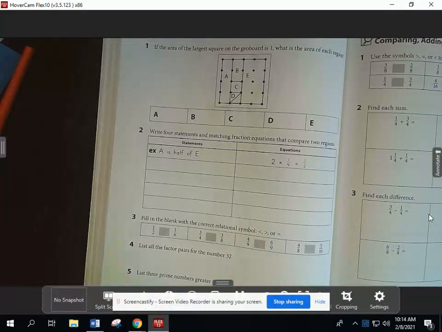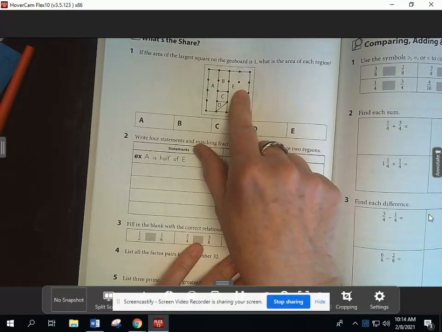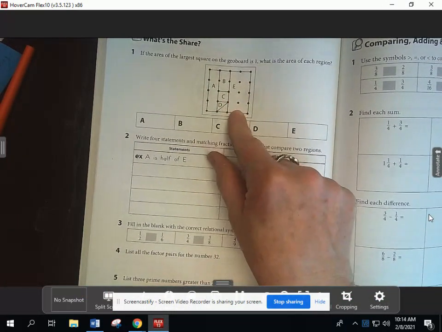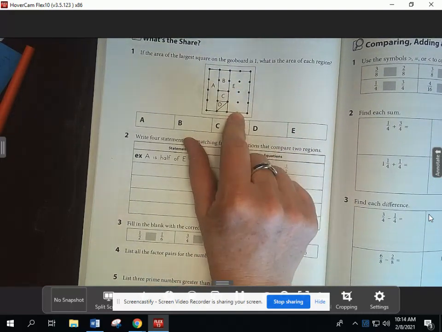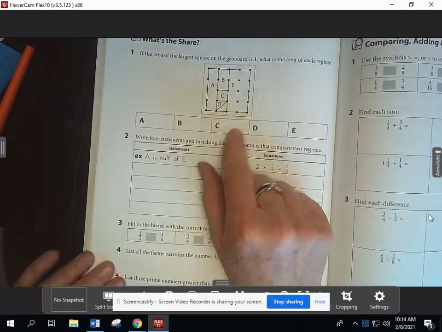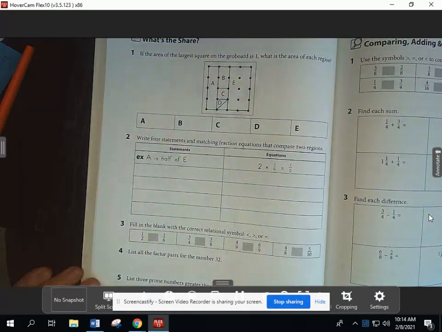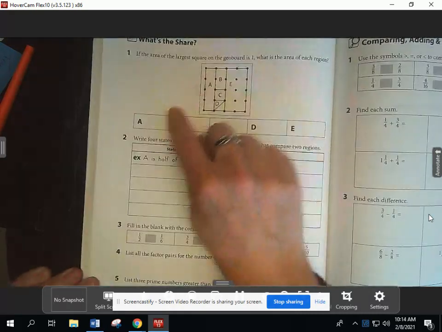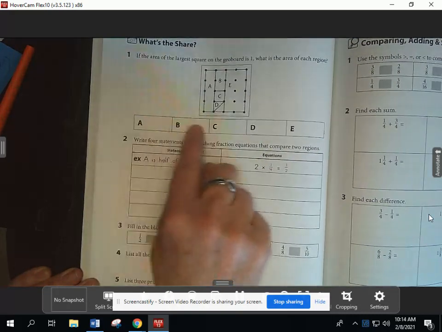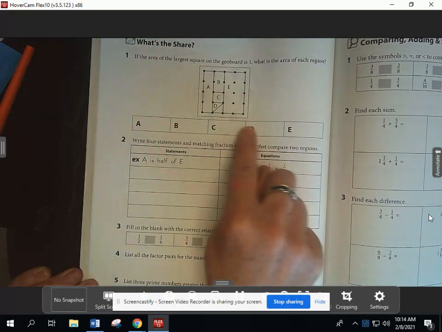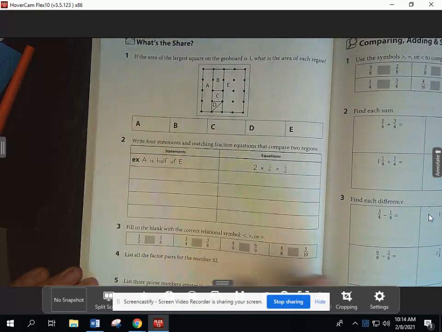This is the page that you are going to do at home. Please notice that the letters are different on this compared to the blue papers that you have. So, looking at this, can you see what the sizes are? So you can write those all down, and this is what you need to do. Write the fractions in this box.